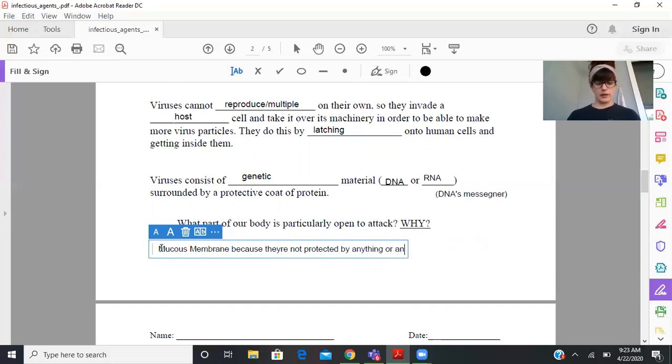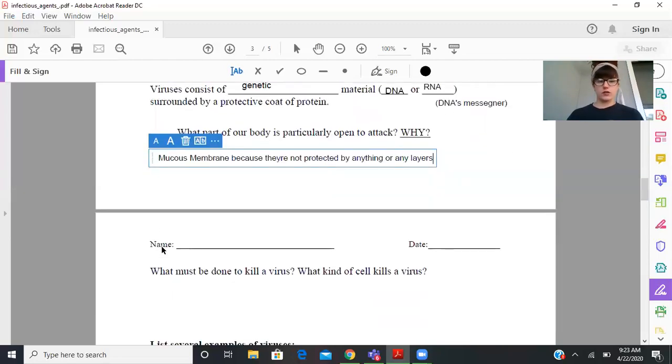Whereas our face and stuff like that are protected by skin, our mucous membranes are like as soon as we go into our nose, they're there. So that's why it's always important that you're washing your hands, especially before you pick your nose or touch your face. So make sure that you guys are continuing to do that.